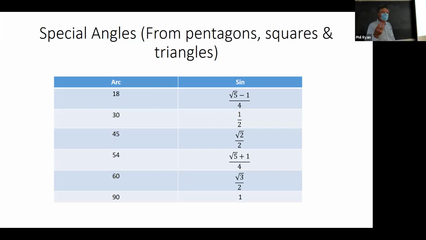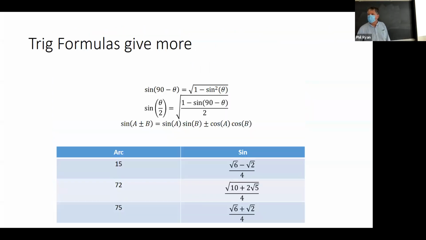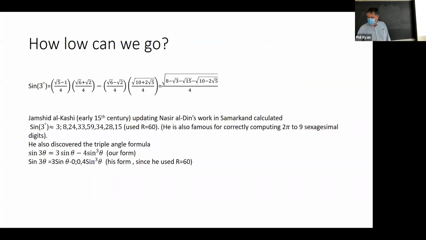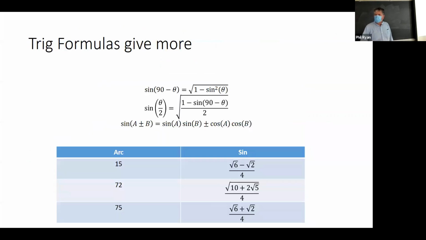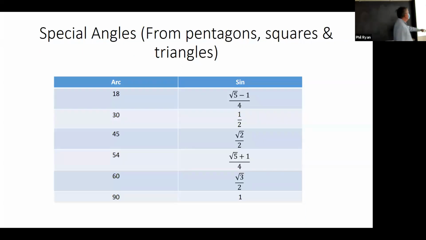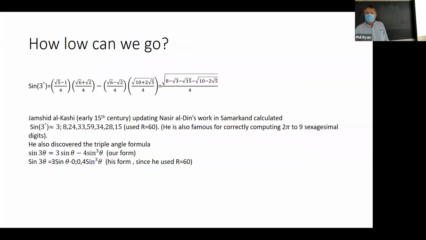So sine of 3 degrees is kind of like the lowest sine value you can find of a whole degree. And if you think about it, you can get sine of 3 degrees either from a difference of 75 and 72, or you look at the difference between 18 and 15. So sine of 3 degrees is the best you can do.